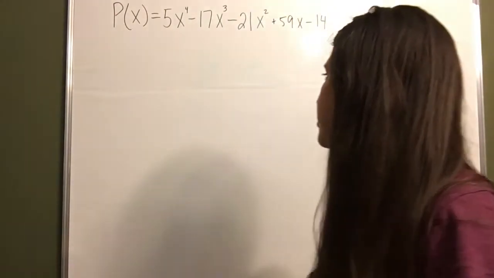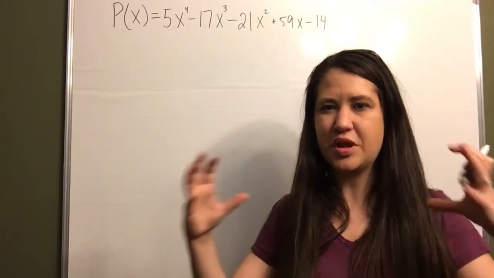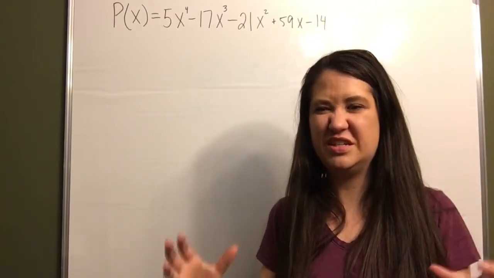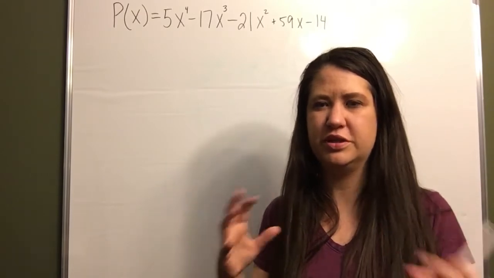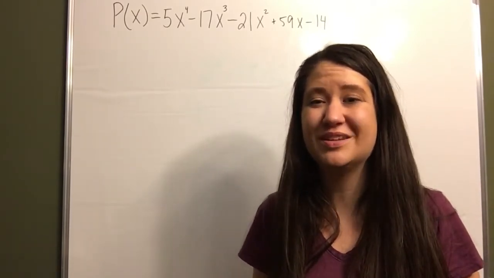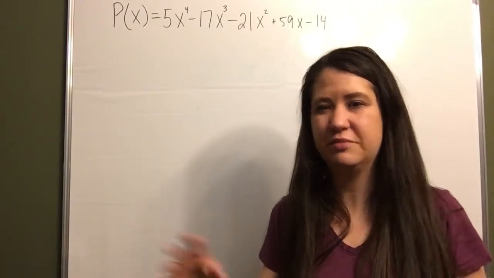So first what we did is we found Cauchy's bound, which gives us a bound that guarantees that all of the zeros of the polynomial fall between two numbers. That means that we know exactly where the x-intercepts can occur.